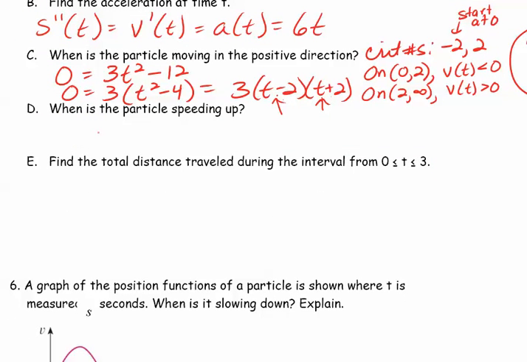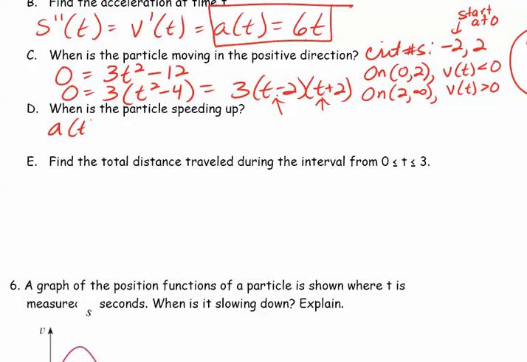When is the particle speeding up? All right, so now we want to find out when are velocity and acceleration both positive or both negative. So speeding up means acceleration and velocity are going in the same direction. So let's look at our acceleration function. Our acceleration function is 6t.